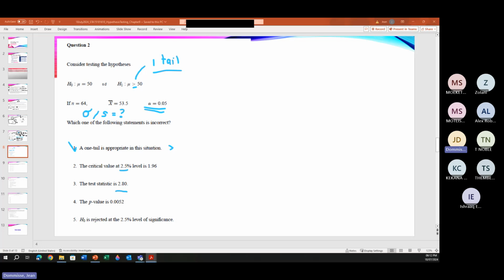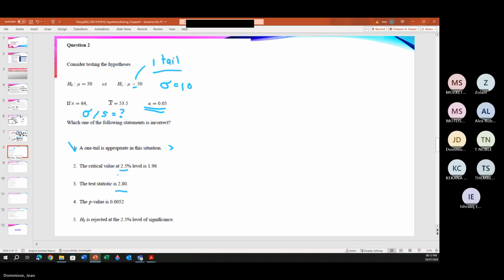Okay, so what was left off is that we actually have a population standard deviation of 10. Okay, so that has been left off, and that makes a big difference.